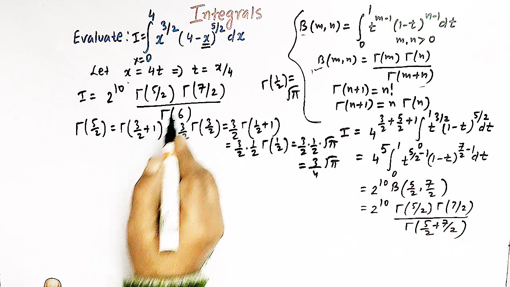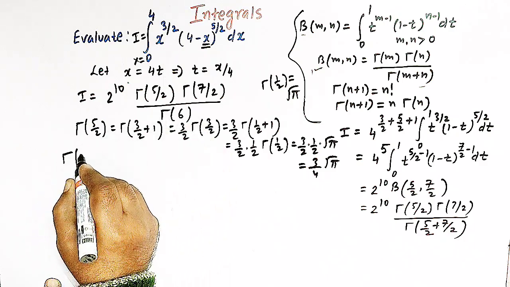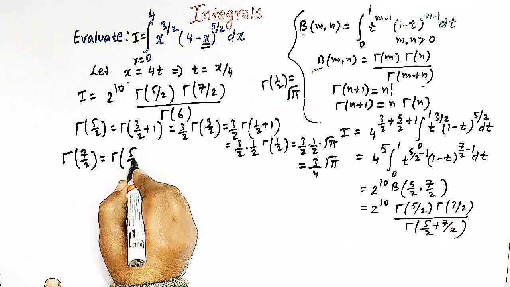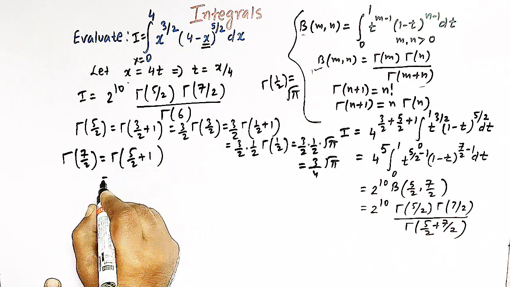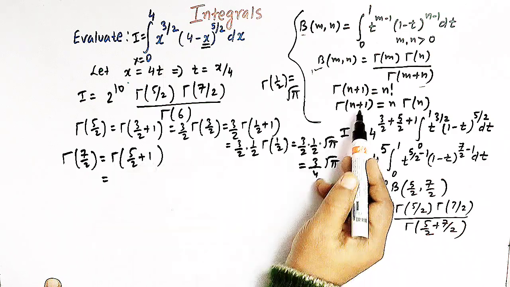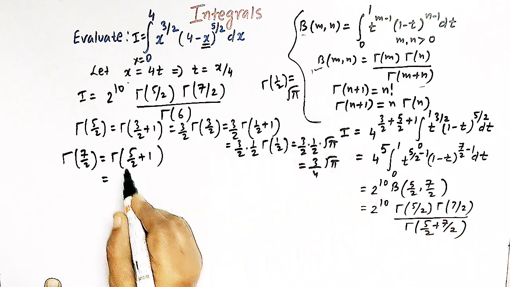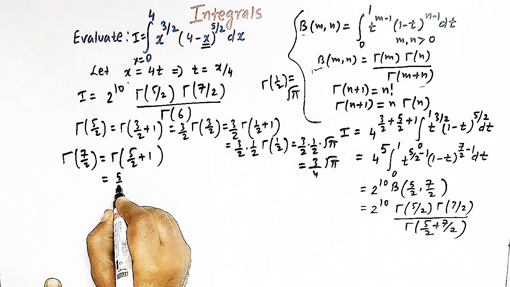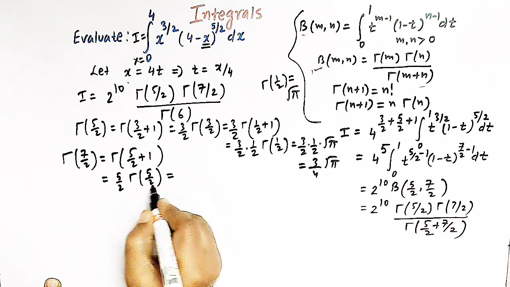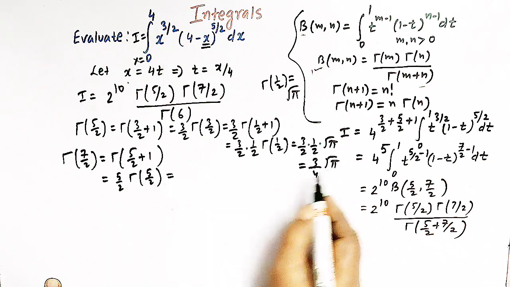So we have 3 by 2 times half times root pi, that is 3 over 4 times square root of pi. And similar is the case with gamma 7 over 2. This can be written as 5 by 2 plus 1. So again applying this result to gamma 5 by 2 plus 1, n is 5 by 2, so we can write 5 by 2 gamma 5 over 2, and gamma 5 over 2 is given by 3 by 4 times square root of pi.